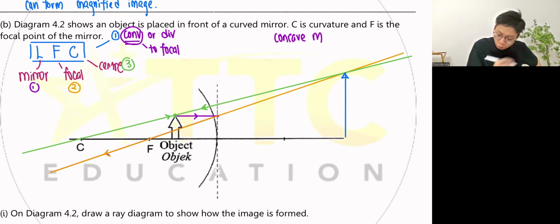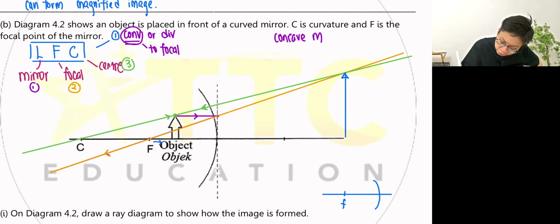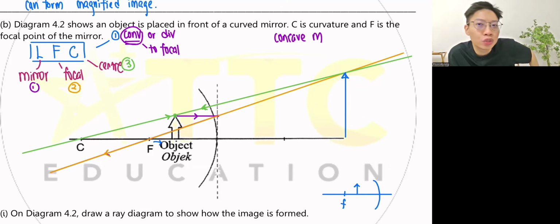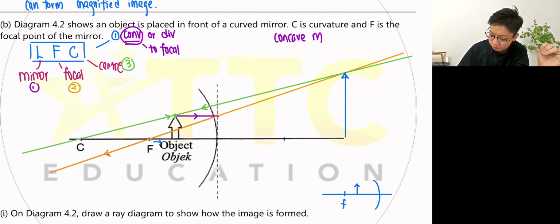Now, based on what you learned just now, if the object is in front of F, what is the image here? What are the three alphabets in front of F? VUM, right?